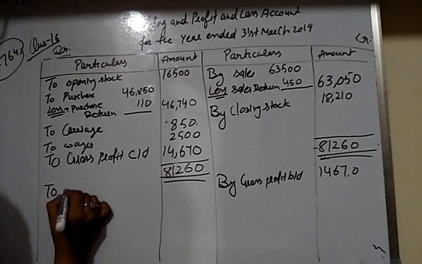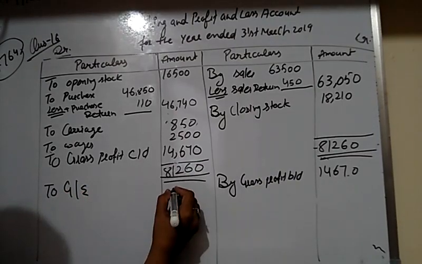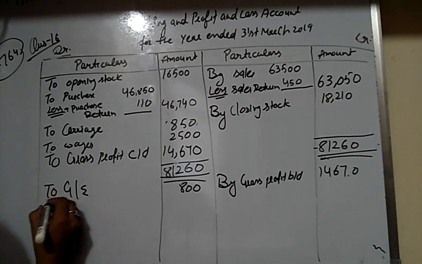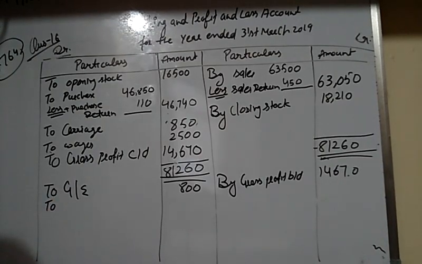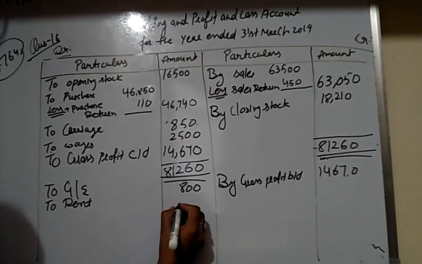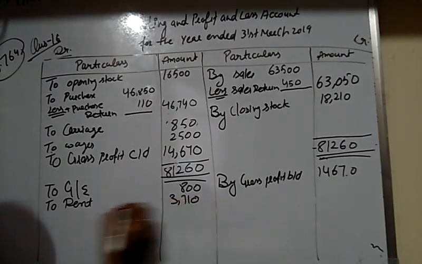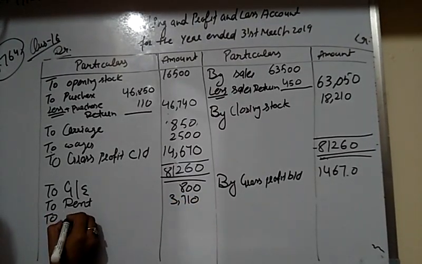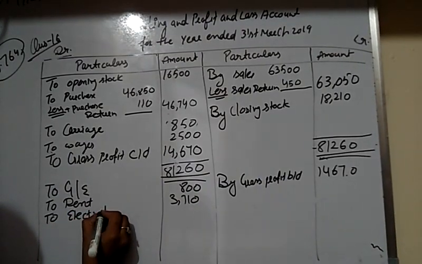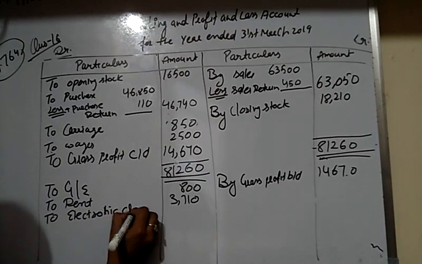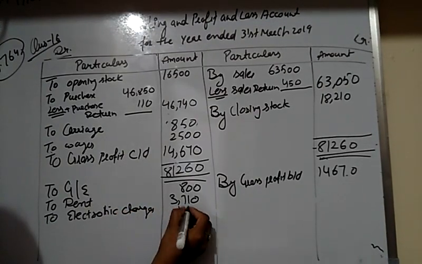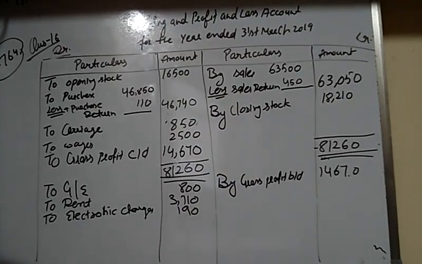First is journal expenses. The journal expenses amount is 800. Next is rent. The rent amount is 3,710. After that, to electricity charges. The electricity charges amount is 190.